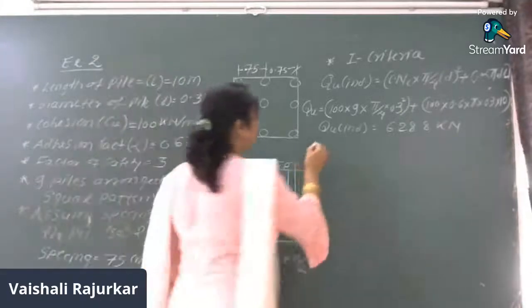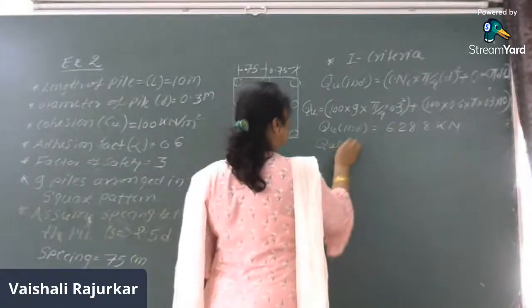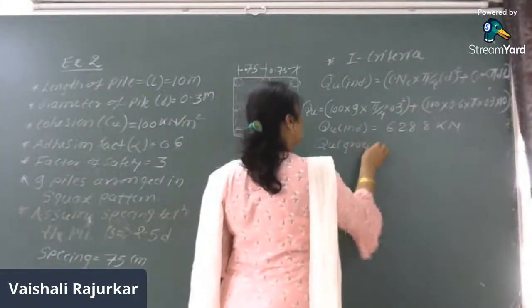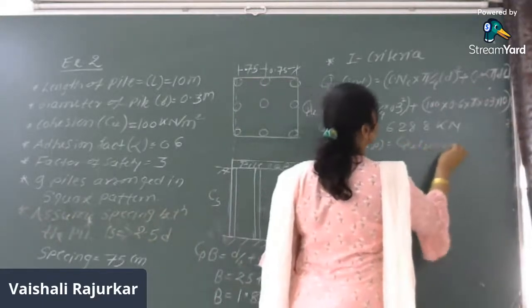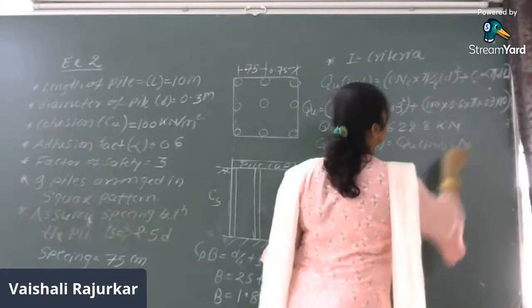Now we will calculate it for QU group, and it is QU individual multiplied by the number of piles.